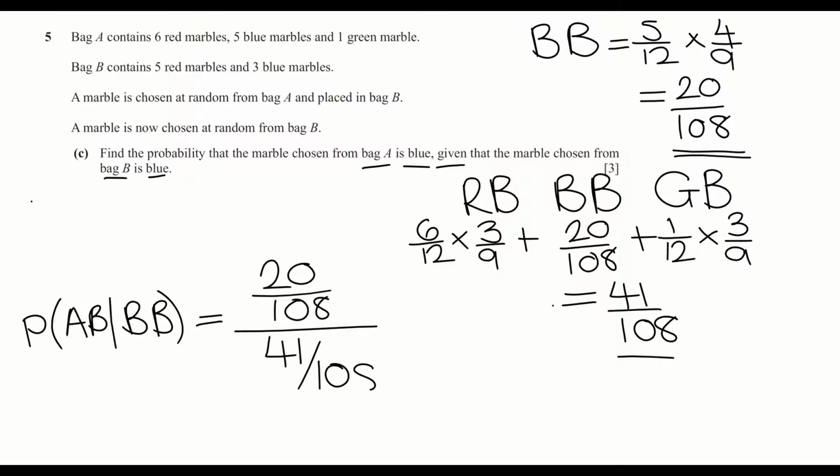And you can put this into your calculator. We can see the 108 will cancel out, and we're left with a probability of 20/41.